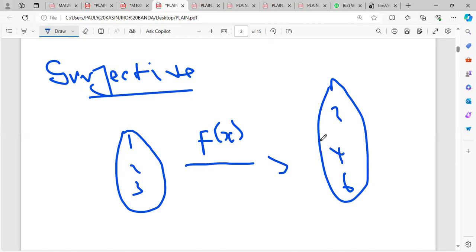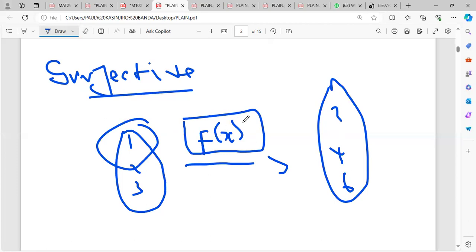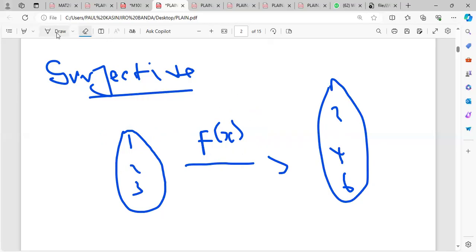So a surjective function states that every element of this set here is as a result of applying an input element from the first set into this function here. So from 1 to 2, what can be this function that we are using there? This f of x can simply be equal to 2x, like that.